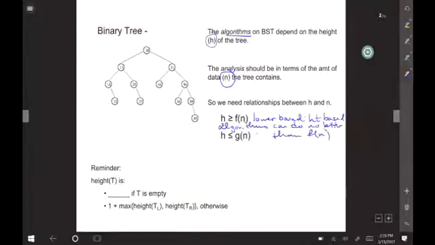Okay, and the other direction from which we're going to look at this is from the upper bound. And the argument here is simply that no height-based algorithm should do worse than g of n.